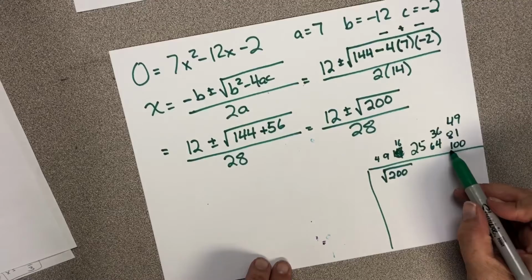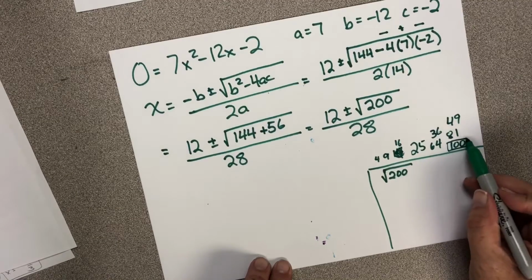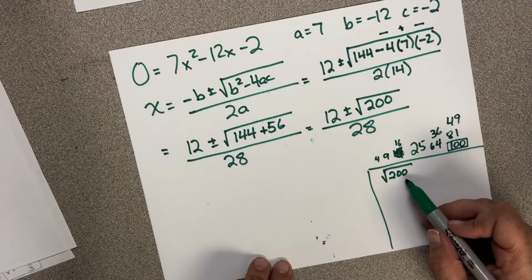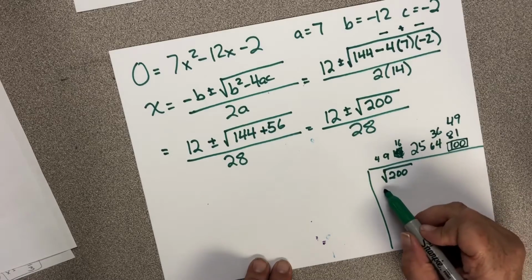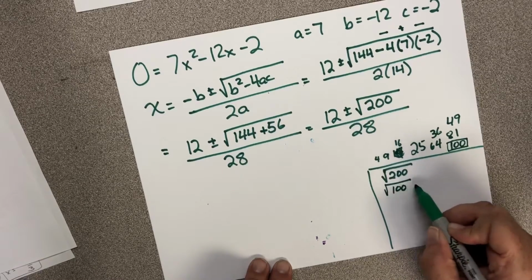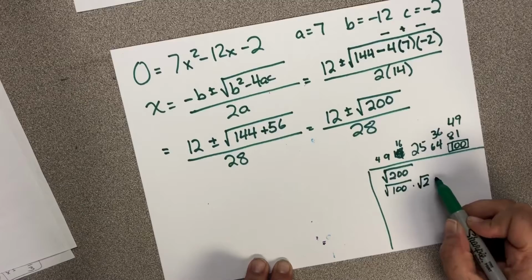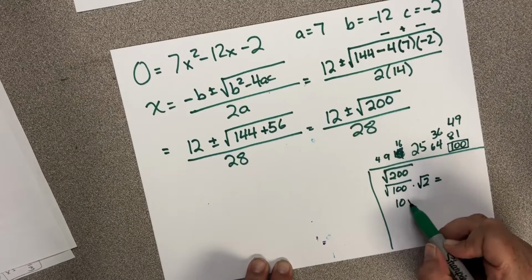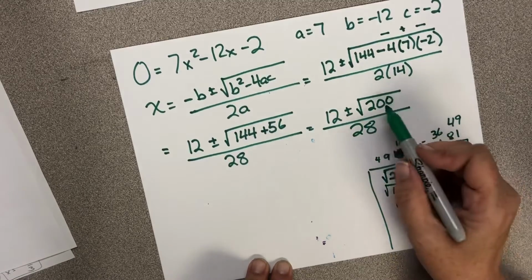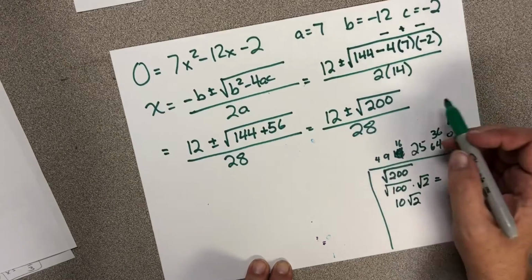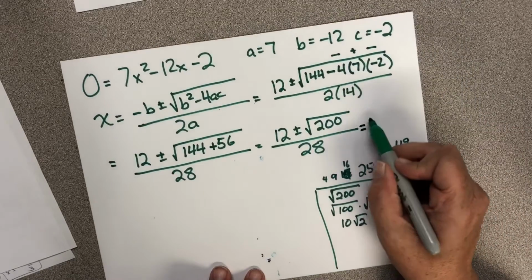So hopefully you see right there that 100 is a perfect square. That's a factor. So I'm going to make this square root of 100 times square root of 2, and that's going to get me 10 square root 2. So I'm going to replace this with a 10 square root 2.